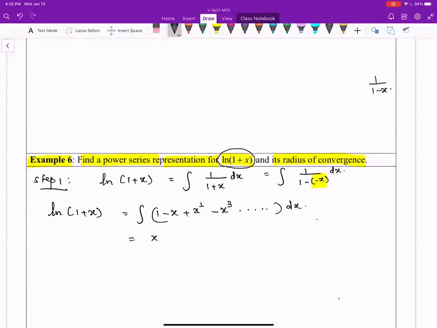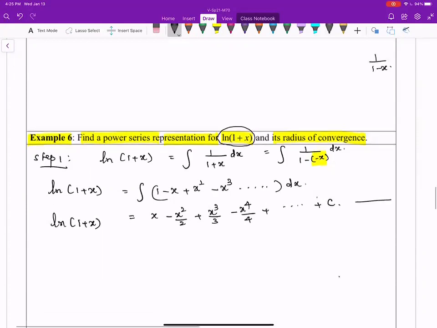So if I integrate each term, I get x minus x square over 2 plus x cube over 3 minus x to the power 4 over 4, alternate sign. Then we should not forget to add the constant of integration. This is kind of an identity. Now we want to find out the constant c.